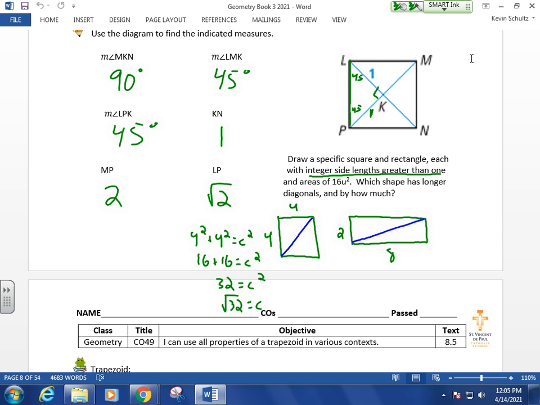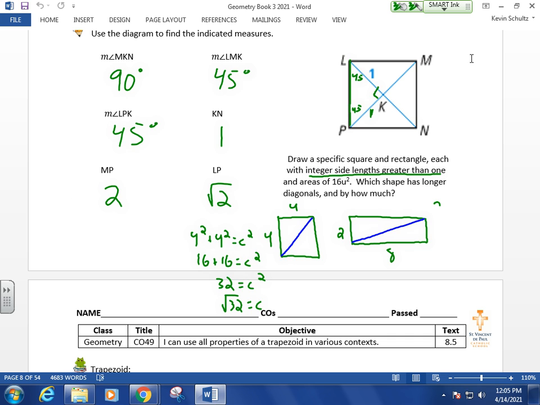We will go to decimal form later because our actual question is how much longer is the diagonal of the rectangle, and it'll be much easier to compare these in decimal form. But for now, we'll leave it just as root 32.